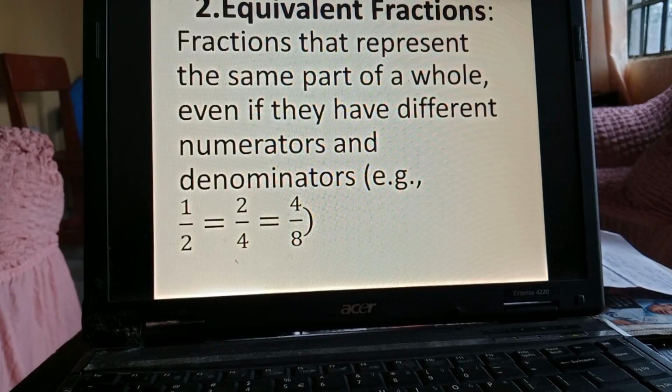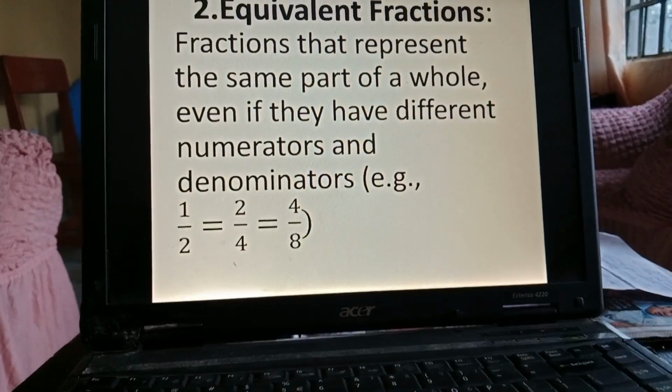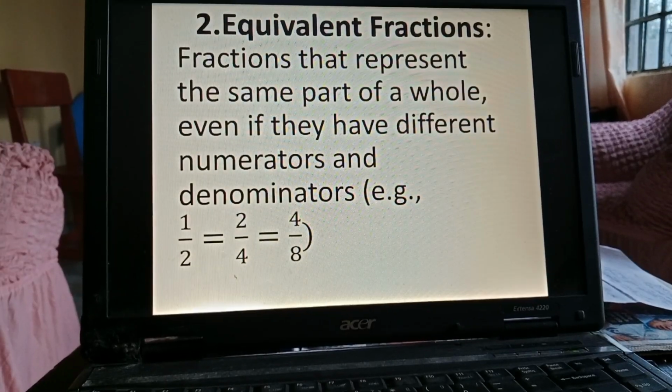Equivalent fractions are fractions that represent the same part of a whole, even if they have different numerators and denominators.